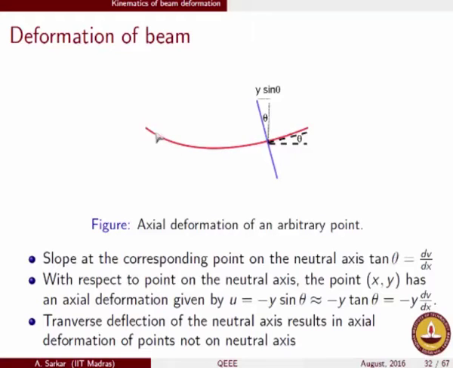But because of the Euler-Bernoulli beam hypothesis, because the beam is getting deflected, plane sections which were normal to the neutral axis have rotated, and because this plane has rotated from a vertical position by an angle theta, the point which was lying at the top of this blue line has moved towards minus x by an amount y sin theta.